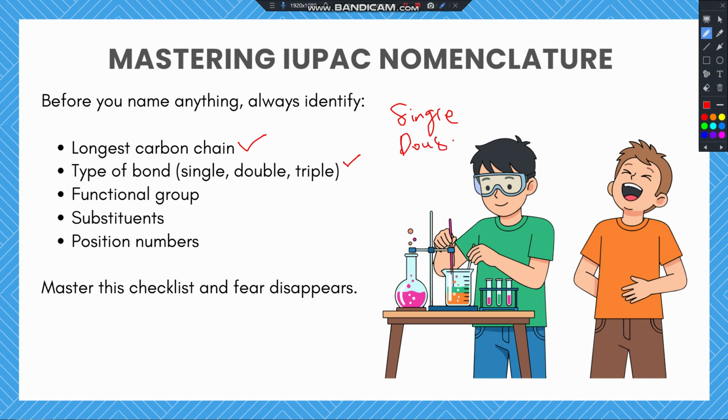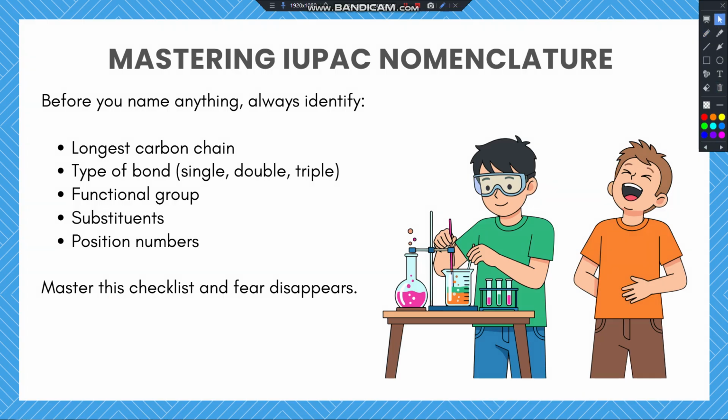Or is it even a triple bond? You'd need to identify the functional group, the substituents, and the position numbers. Don't get confused, don't get scared. I'll be showing you how to carry this out in a moment. When you master this checklist, you will not be afraid of naming any kind of compound again.